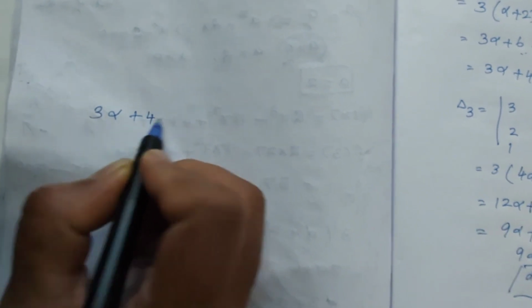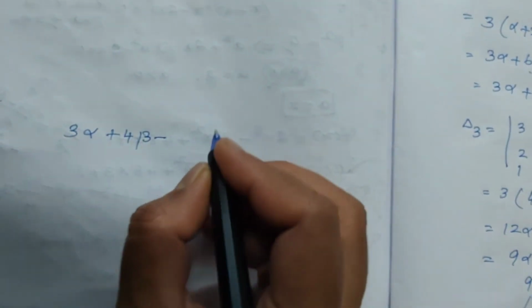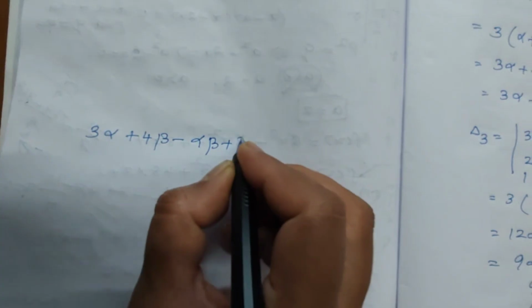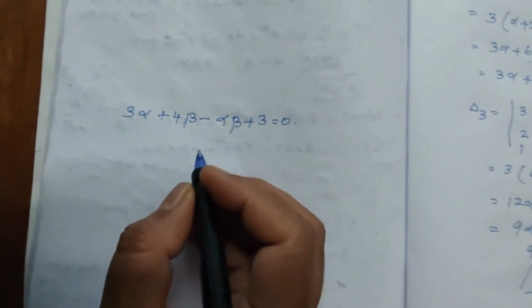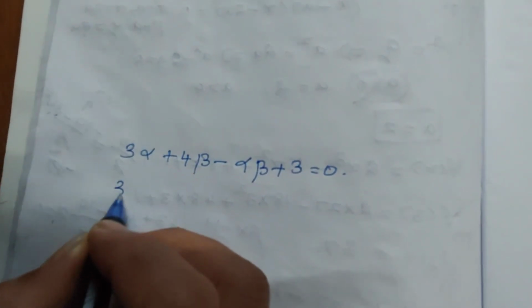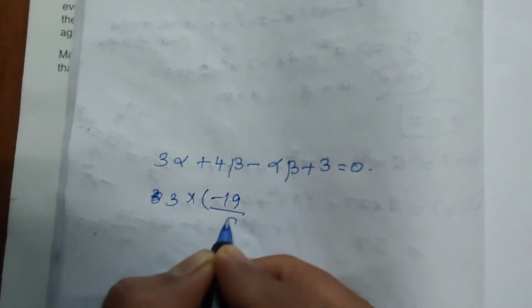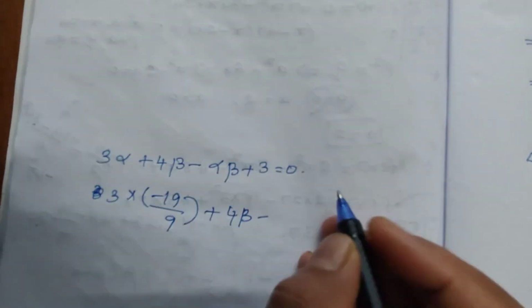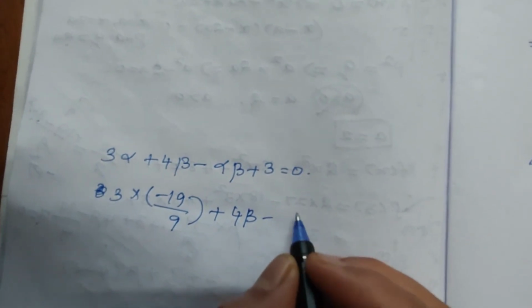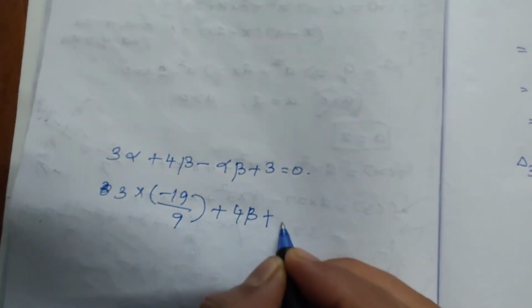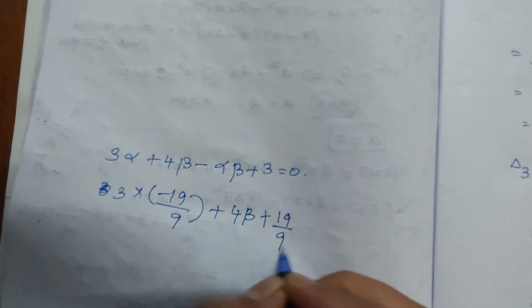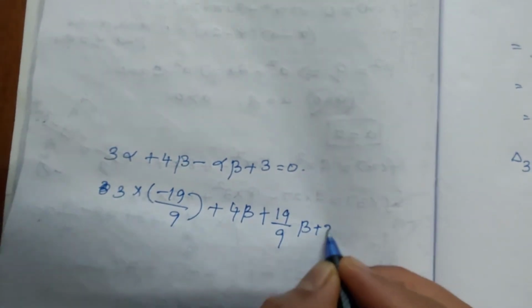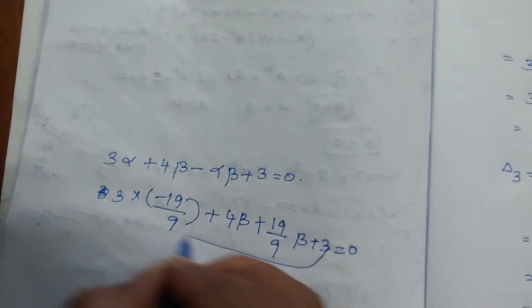That is 3α + 4β − αβ + 3 = 0. Here we have to substitute the α value. α value is −19/9: 3 into −19/9 plus 4β minus αβ, that is plus 19/9 β plus 3 equal to 0. Now I bring this one here.